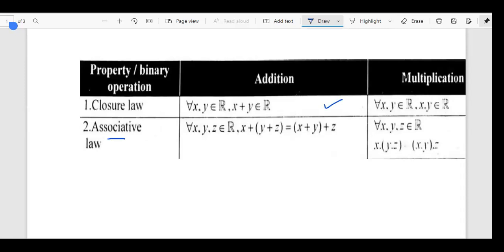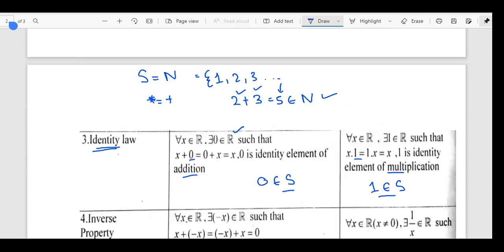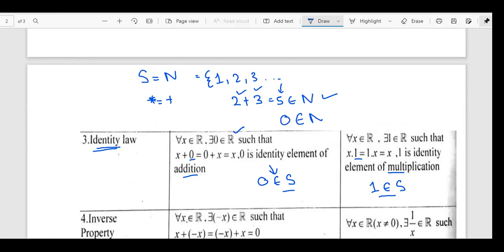Associative law would also be satisfied, right? You know this because addition and multiplication always have the associative property. So this would also be clear. But if we talk about the identity law, now here we want that 0 should belong to the set of natural numbers, which is not the case. We do not have 0 here.